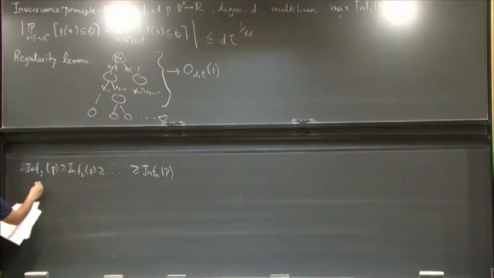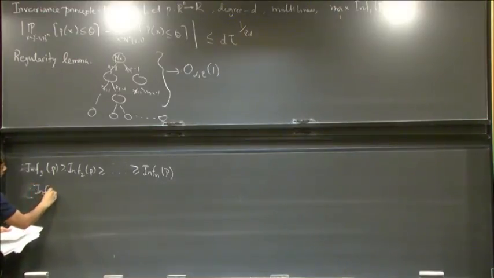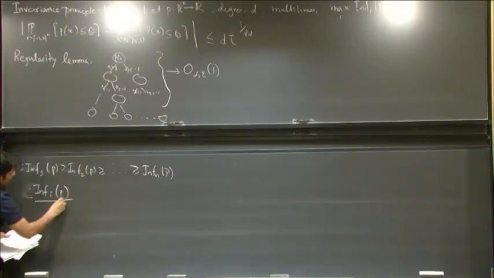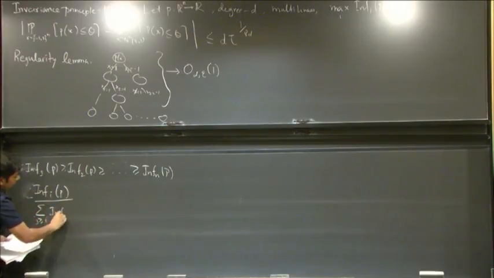And now, since the maximum influence is not tau, what we do is consider the value of influence of i of p divided by the sum over j greater than or equal to i of influence of j of p.